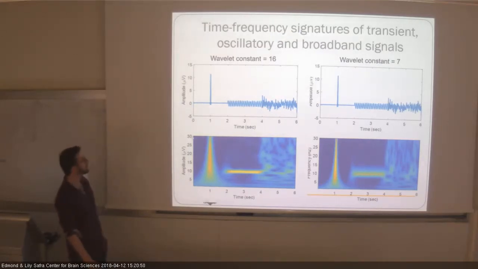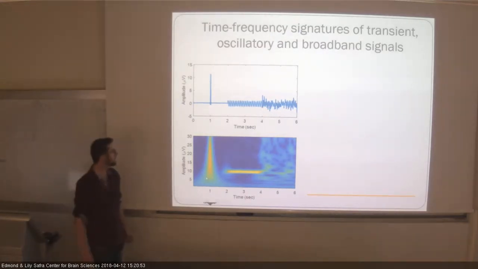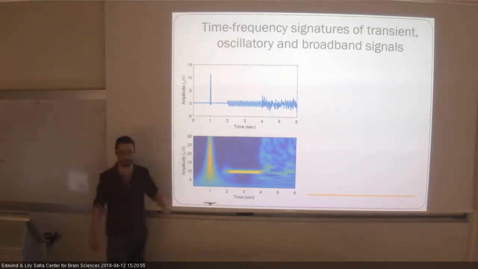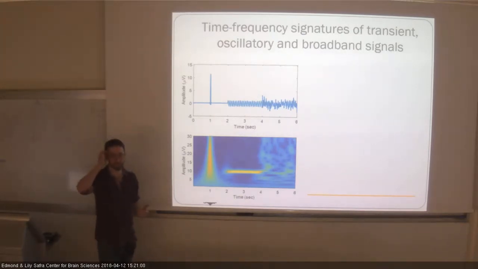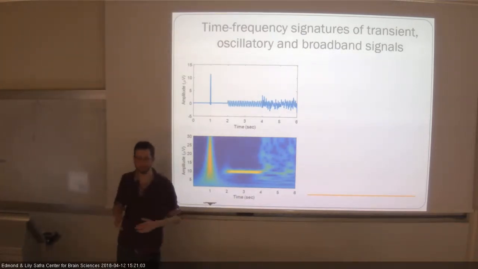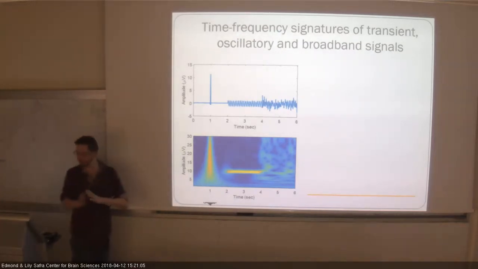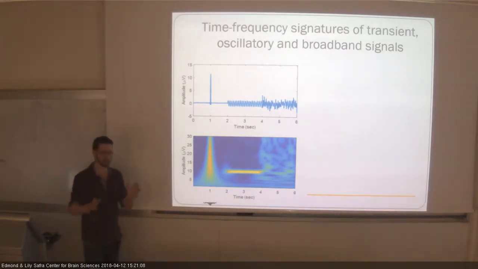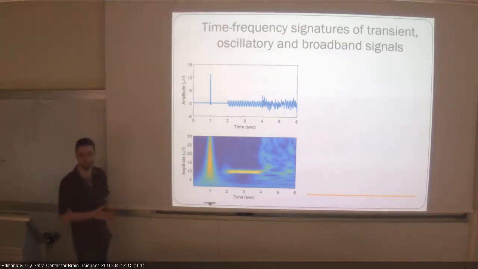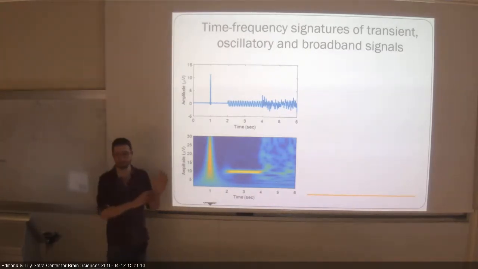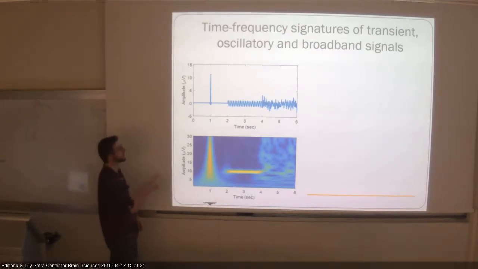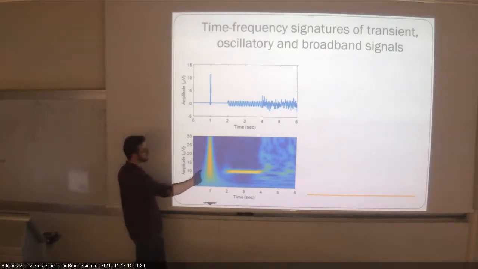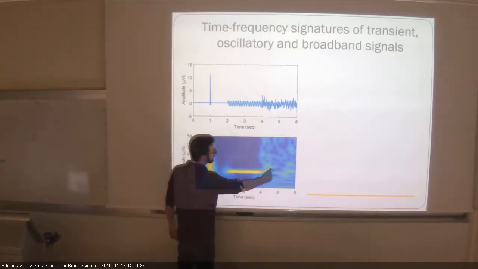So my point from before was that, for example, if we took this signal and all we cared about is oscillations, like alpha oscillations, and we took this narrow band view, which is a narrow-minded view of analysis, saying we just look at 10 hertz power, so we take our signal, we filter it around 10 hertz, and we see how the power changes over time, then what we would see is an increase in power, then a decrease, then an increase again, then an increase here too.